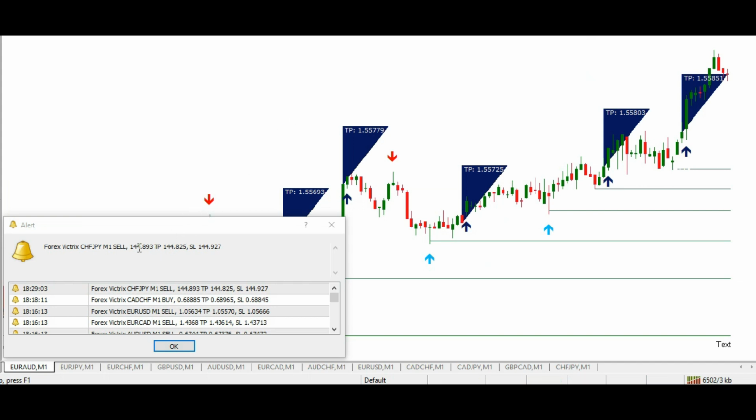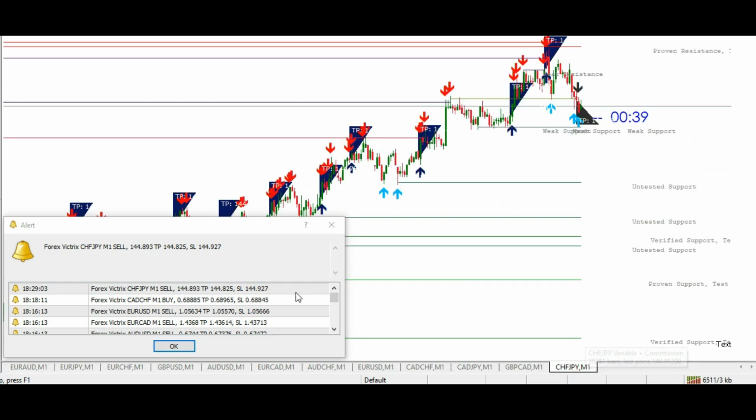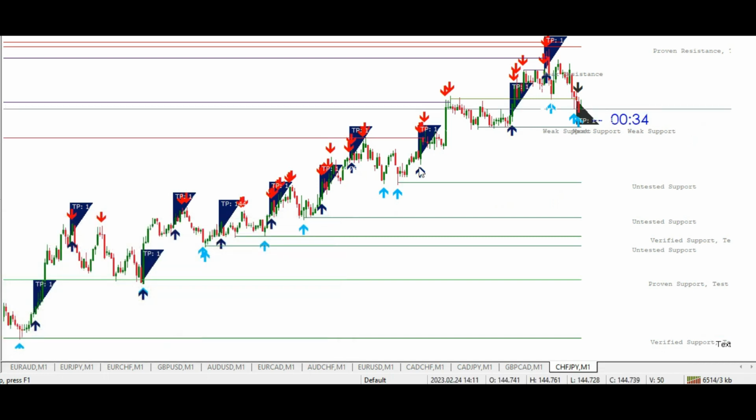Guys, I found a signal, CHFJPY. So I open the CHF chart. It's telling a sell signal here, so it should go down.